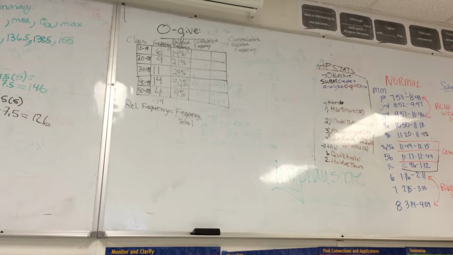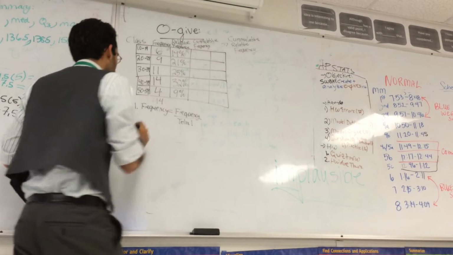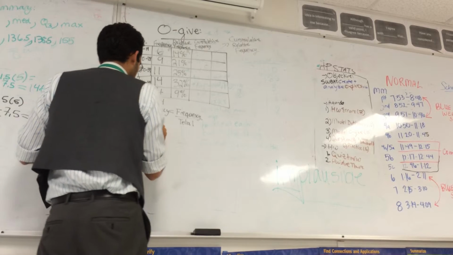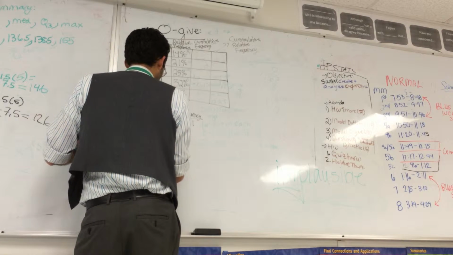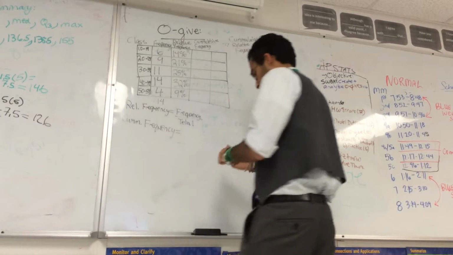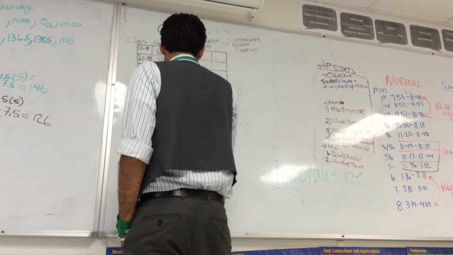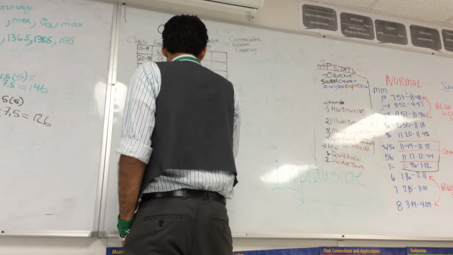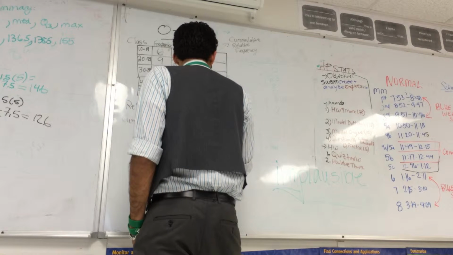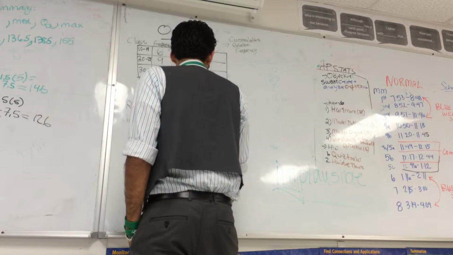Let me continue on. Once I make the graph, it'll become apparent why we're doing this. The next column is cumulative frequency, which is the total numbers below a value.